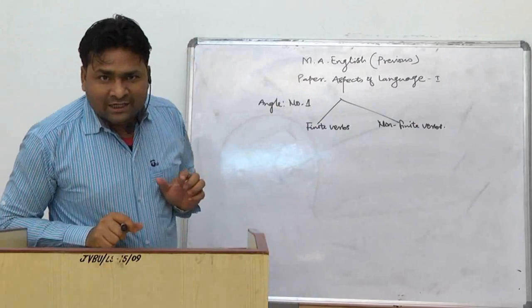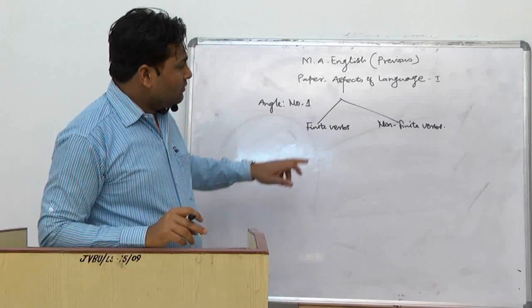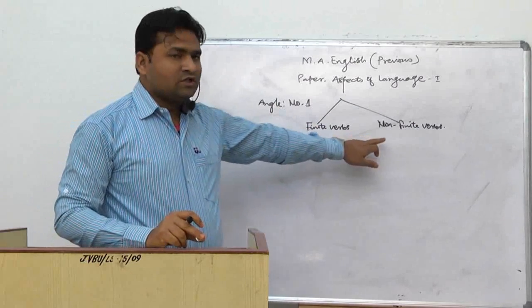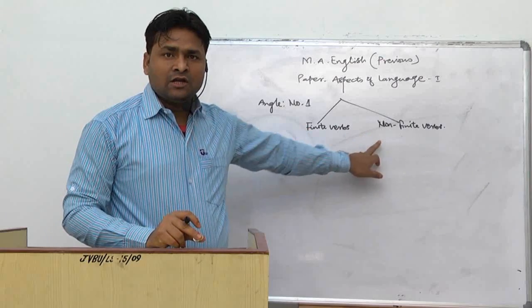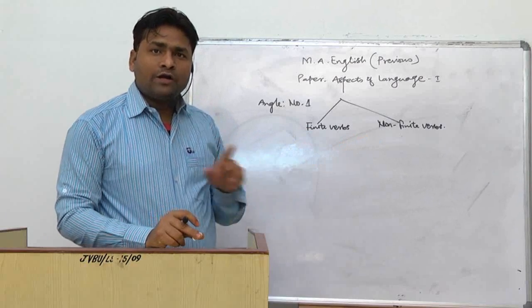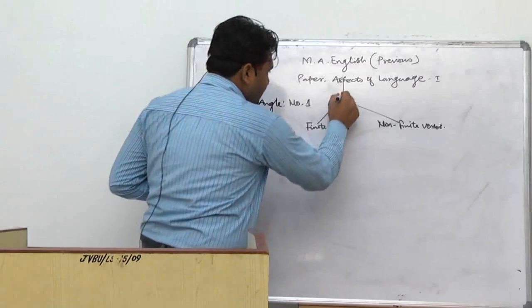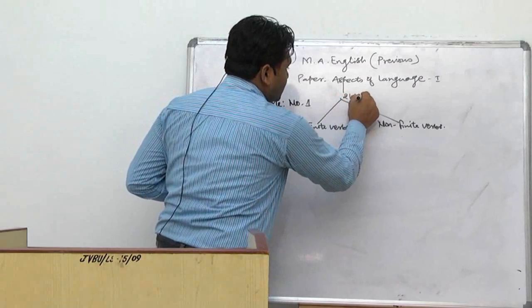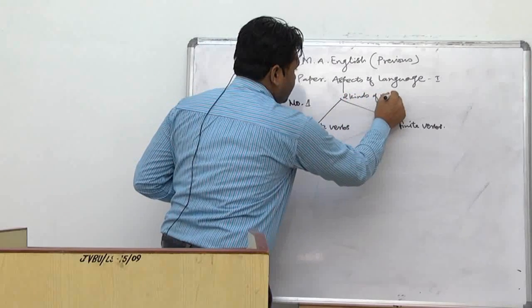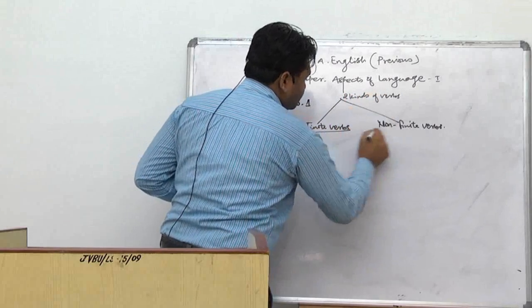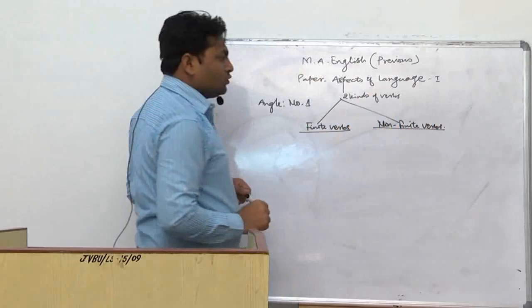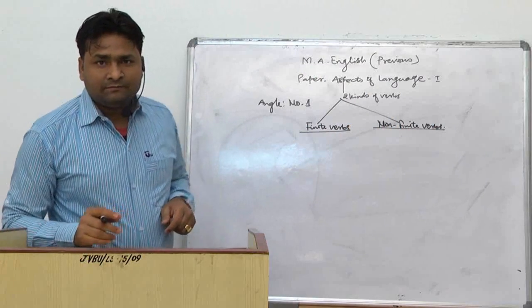As you are looking at the blackboard, you will find that there are 2 kinds of verbs. There are 2 kinds of verbs according to angle number 1. Number 1, finite verbs. Number 2, non-finite verbs.